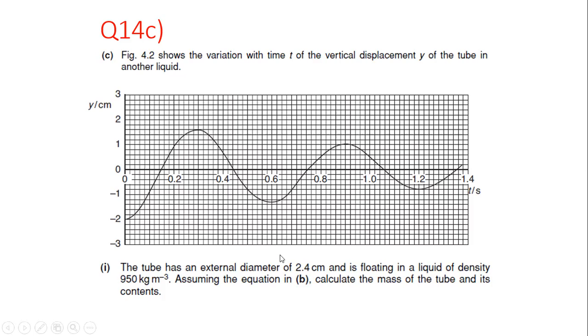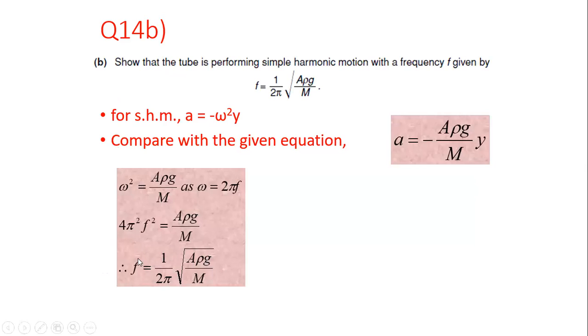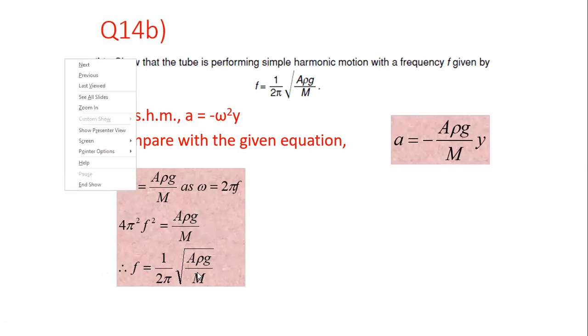Anyway, you are asked to calculate the mass of the tube. You have already got the frequency. So how to calculate the mass of the tube? You have derived this formula. Now how to calculate this mass there?